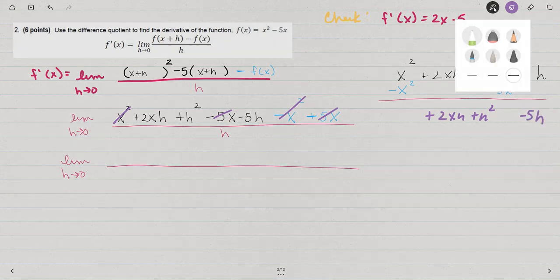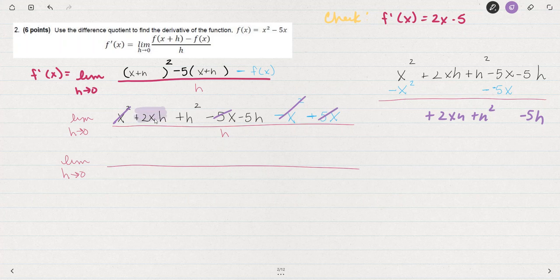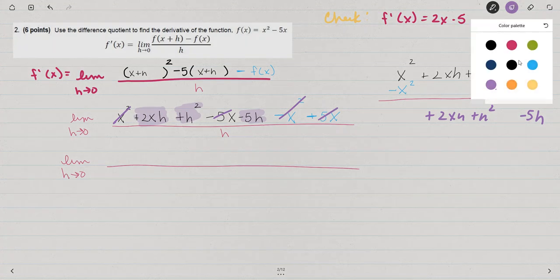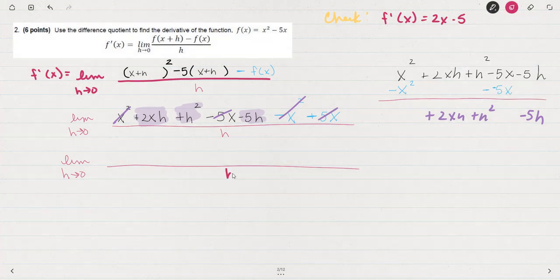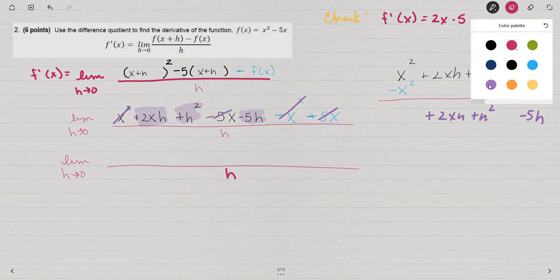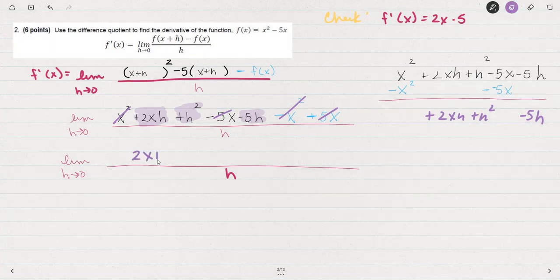But do you see we get the same result here? 2xh plus h squared minus 5h, and the whole thing is over h still, right? So we have 2xh plus h squared minus 5h. Before I do the limit with direct substitution, I still have to divide out this h that's in the denominator.